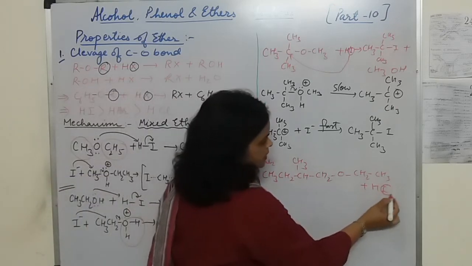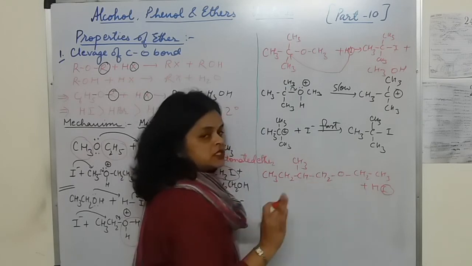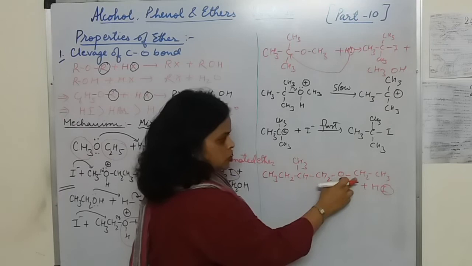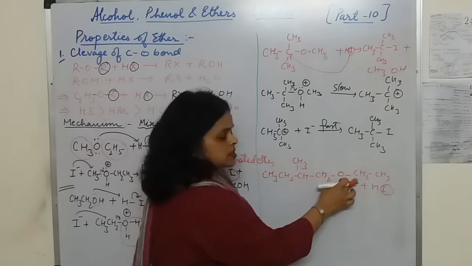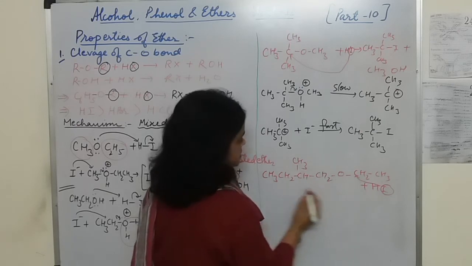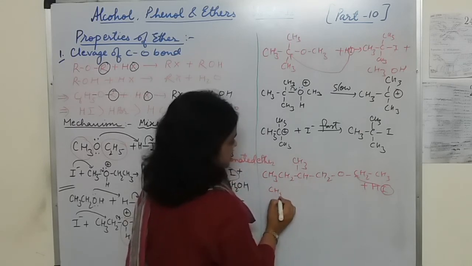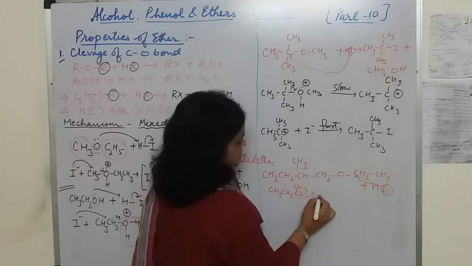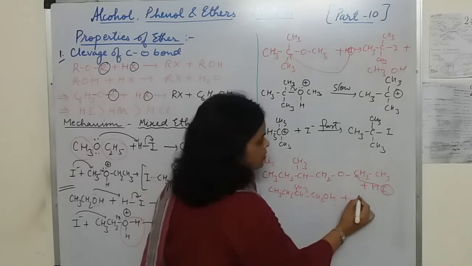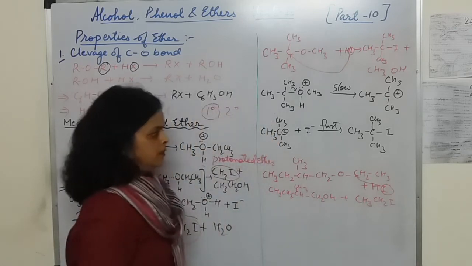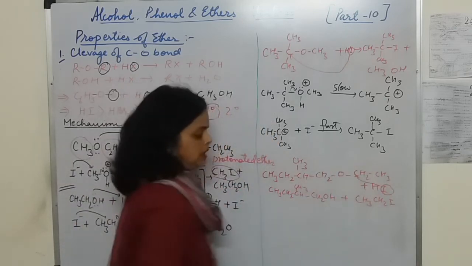Now this iodine will go to the smaller part. It is ethyl and this is also primary. This is also primary, but this is the smaller part, so iodide will go to this carbon. So what is the structure of the product? CH3CH2CHCH3CH2OH along with CH3CH2I. Okay, because here this is the smaller part.